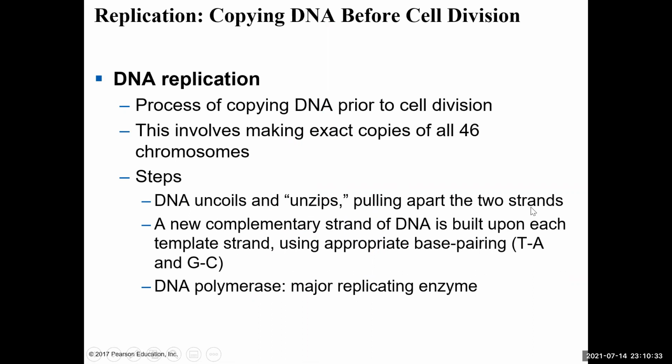The two strands will be pulled apart, and then an enzyme will go through and make a complementary strand of DNA based upon the parent template strand using specific base pairing rules. Those base pairing rules are that for DNA, adenine will always pair with thymine, and guanine will always pair with cytosine. Okay? And the enzyme that replicates the DNA is known as DNA polymerase.